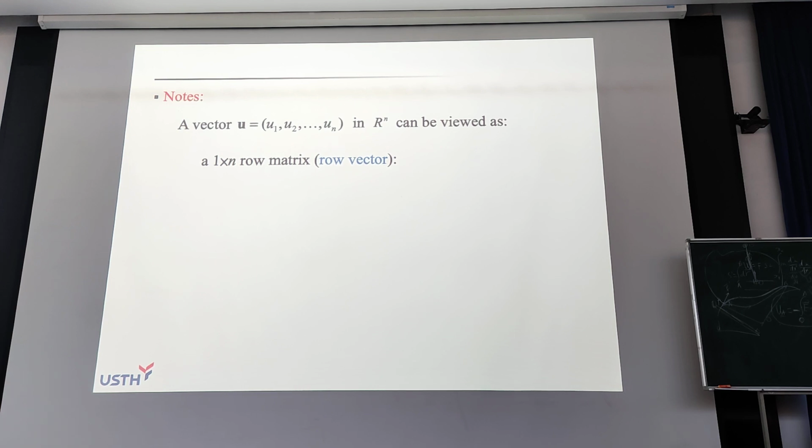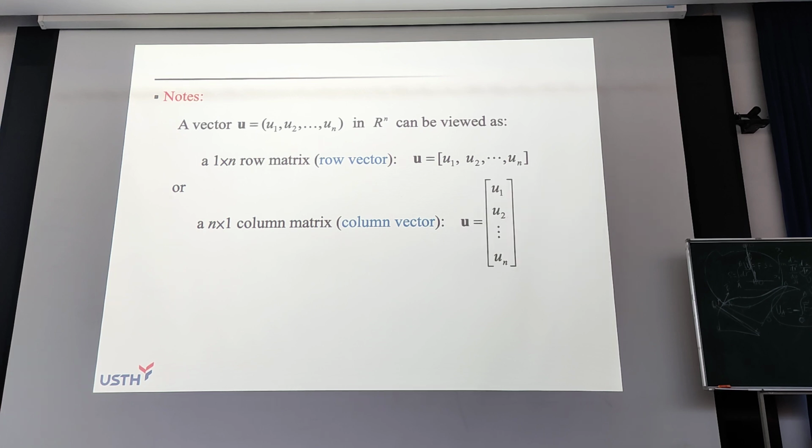That is, it looks like a row matrix, and because it looks like a row matrix, we call it a row vector, like that one. But also we can write it in the columns, like that. Then, in that case, we call it the column vector, like that one.